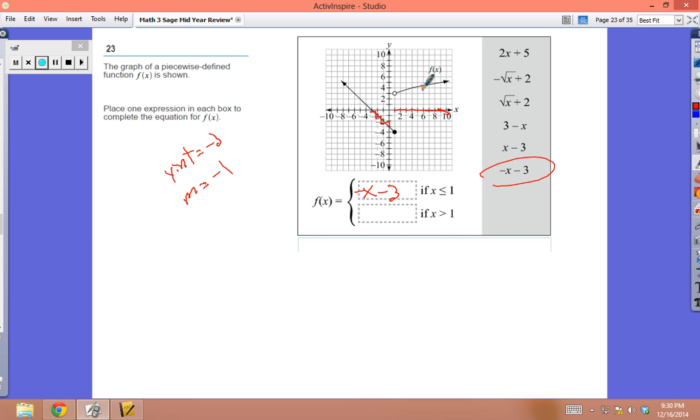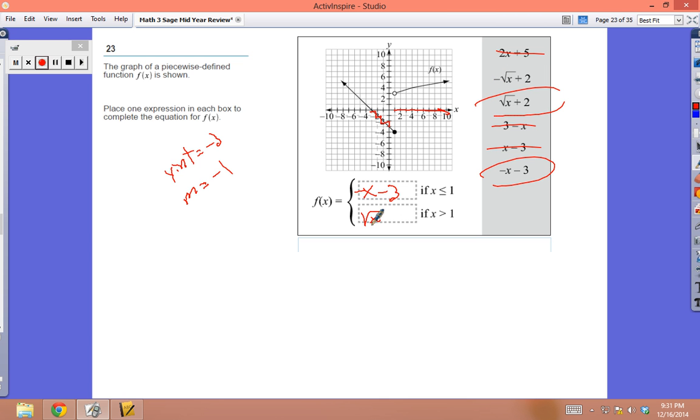And this line doesn't look linear, it looks like it's got a curve. So if it's not linear, it's not going to be any of these. So I'm going to go with this one. A radical x plus 2, because I know the negative would flip it upside down.